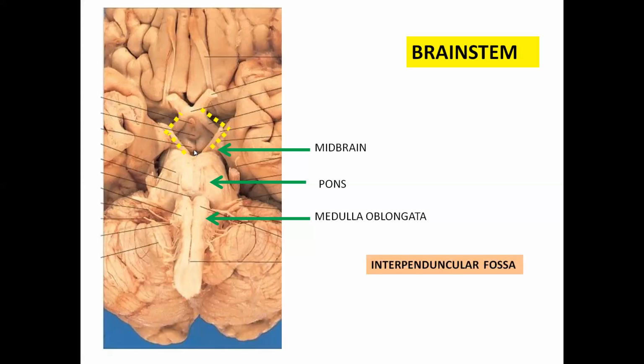Apart from that, the most important content I told you is the arterial anastomosis that you see here. It is called the arterial circle of Willis. It is formed by branches of internal carotid artery and vertebral artery. The branches of circle of Willis are the main source of blood supply to the brain.